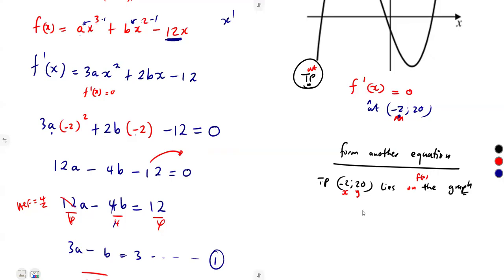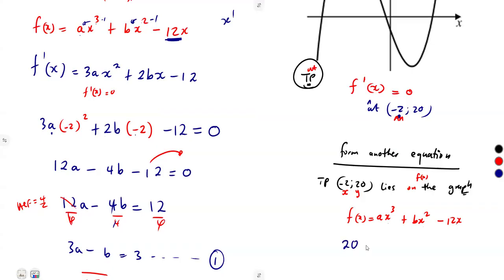Remember your f of x is given as ax cubed plus bx squared minus 12x. Substituting x, which is negative 2, in place of x, and y is 20.